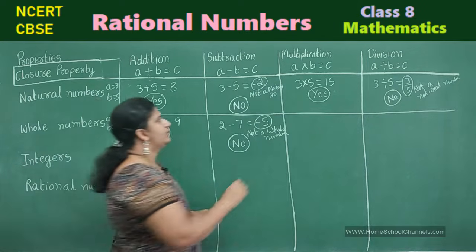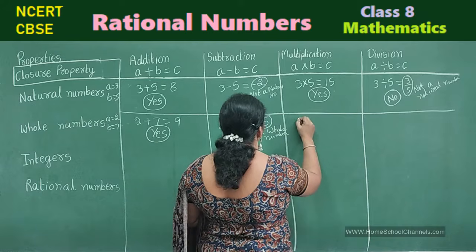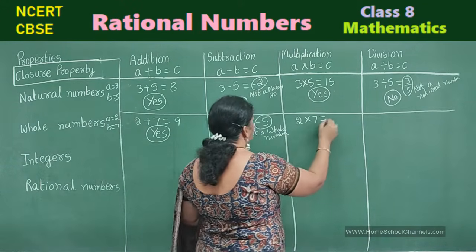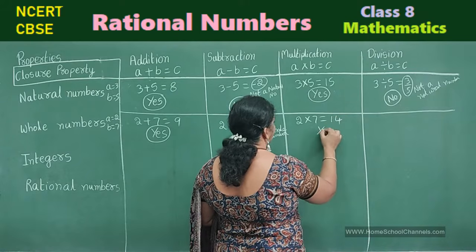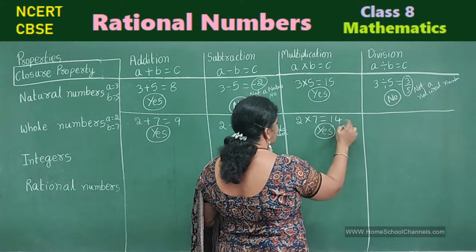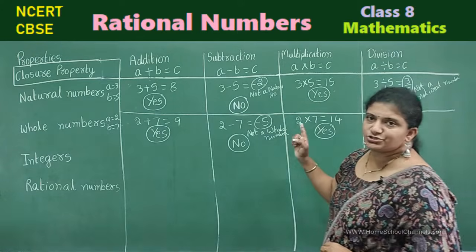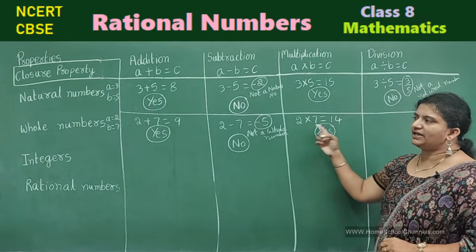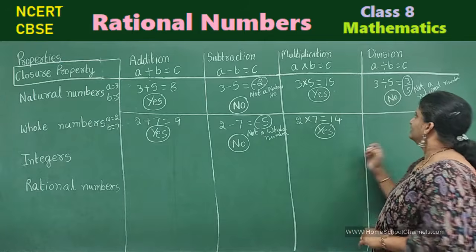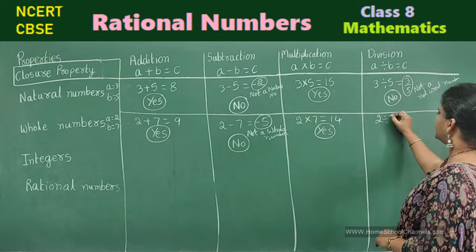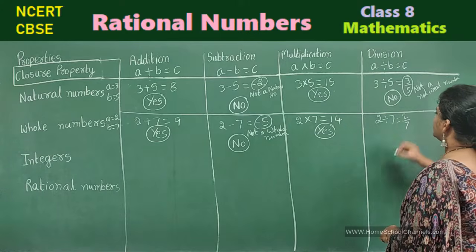Next, multiplication. 2 into 7 is equal to 14. Yes, the result is also a whole number. Therefore, the closure property is true under multiplication of whole numbers. Next, division. 2 divided by 7, 2 by 7.